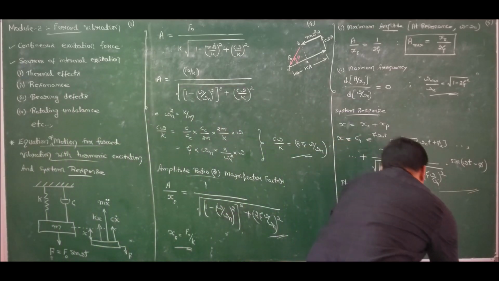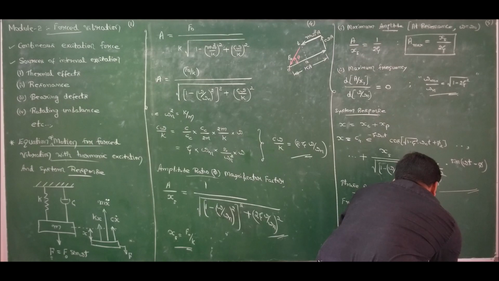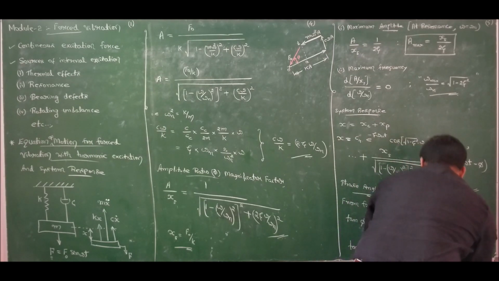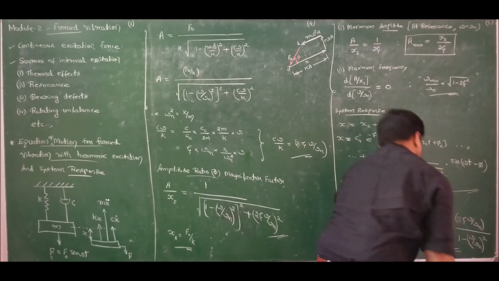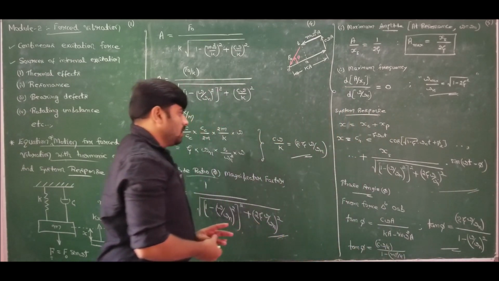So therefore tan phi will become 2 zeta omega by omega n divided by 1 minus omega by omega n whole square.